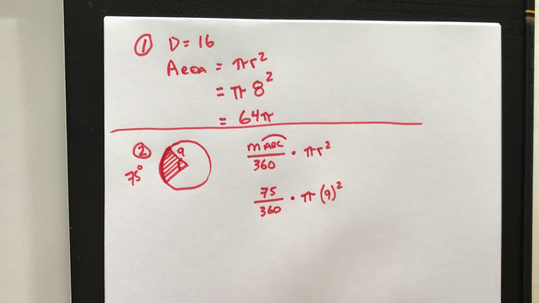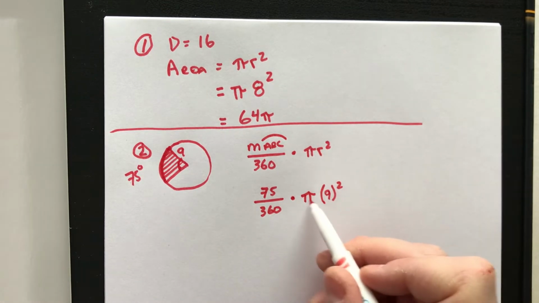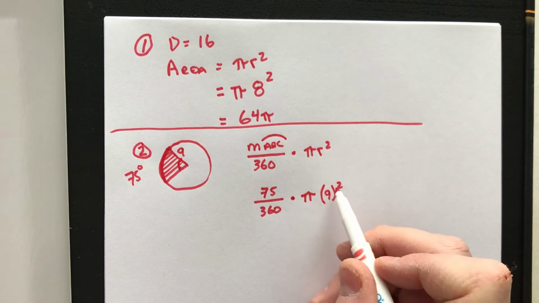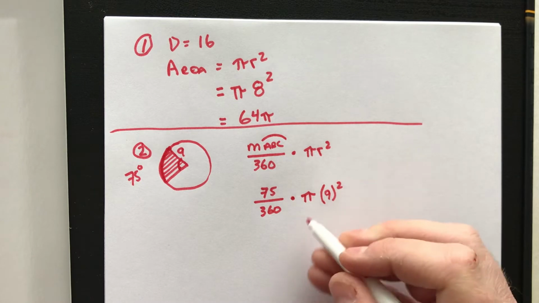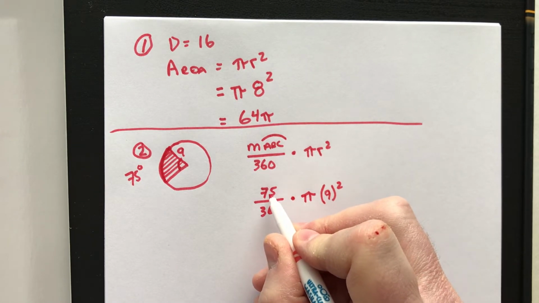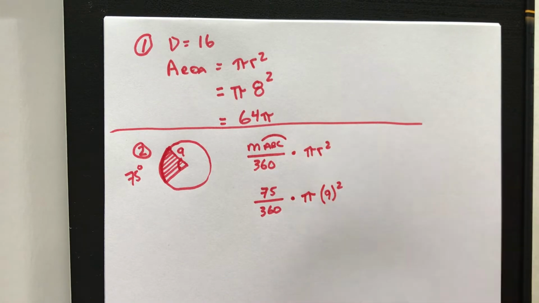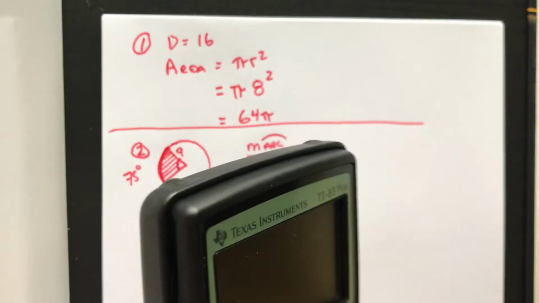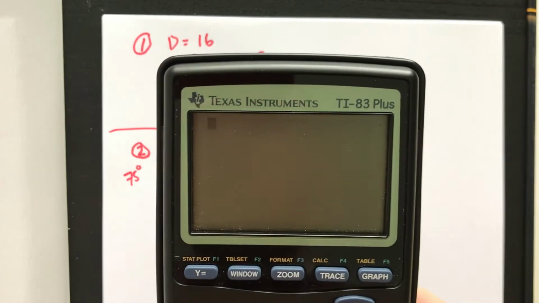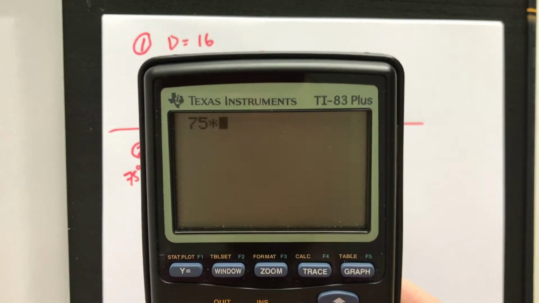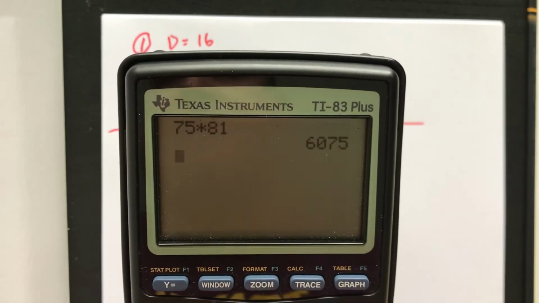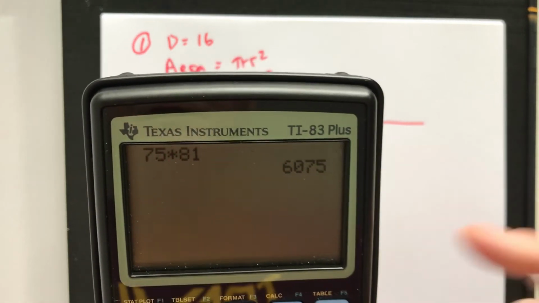squared. What I like to do, with all of this in the numerator, is multiply the 75 by 81. I have my calculator here, so 75 times 81 is equal to 6,075.